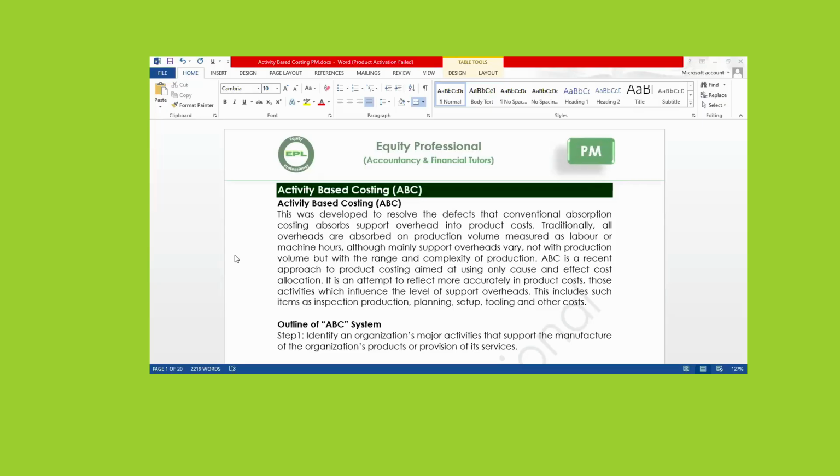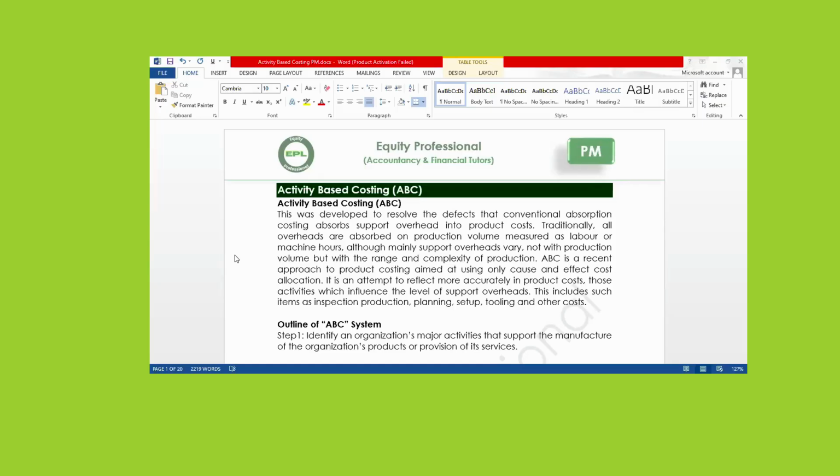For example, Nigerian Bottling Company manufactures 3 major products: Coca-Cola, Fanta, and Sprite. These are the 3 major products of Nigerian Bottling Company.